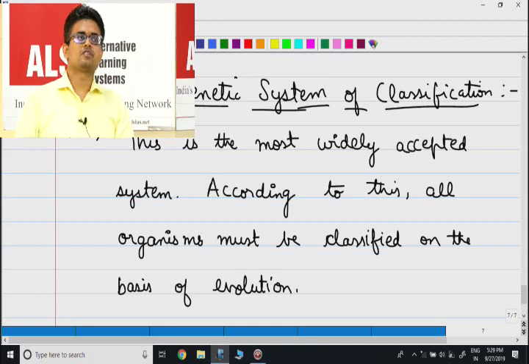So it's basically dependent upon which organism gave birth to which and next.